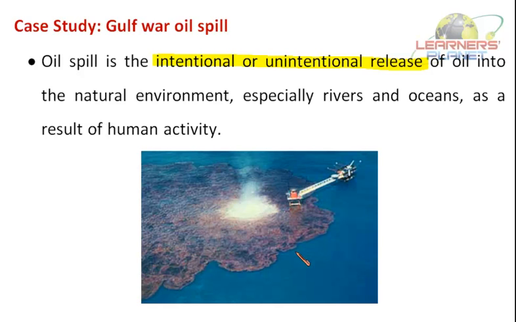So here you can see one case of the Gulf War oil spill. Here you can see some white marks and some brownish and black marks. This happened because the Gulf War oil spill was one of the worst oil spills in history, resulting from the actions taken during the Gulf War in 1991.